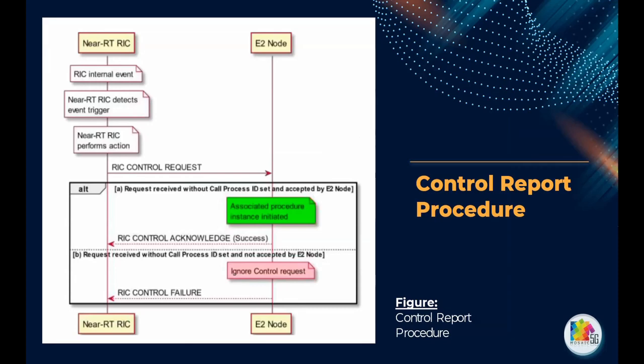So once you make a decision through the xApp, you send this information to the RIC. The RIC will send a RIC control request for you to the E2 node. It comes here. Then the right RAN function is called, and then you have the acknowledgement or the failure of the control, depending on whether it was a successful outcome or unsuccessful outcome.